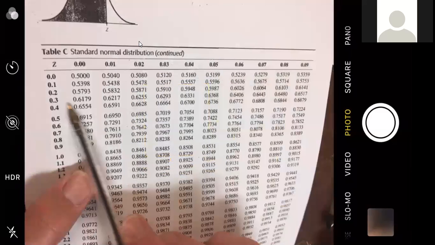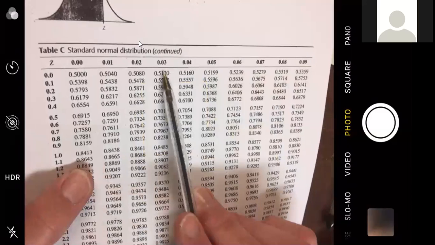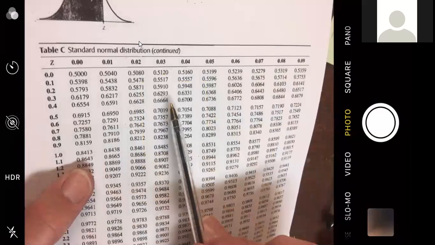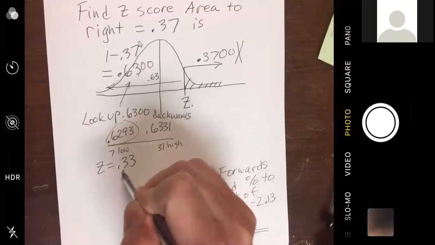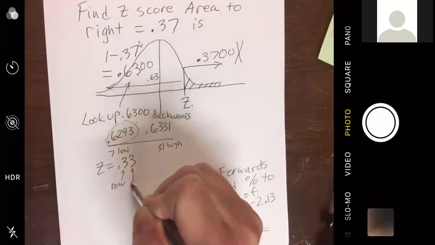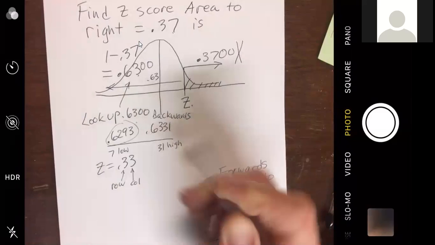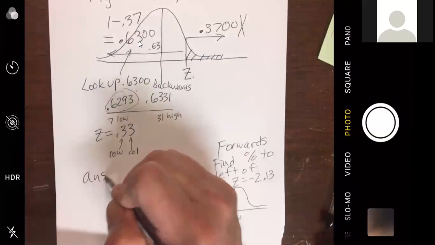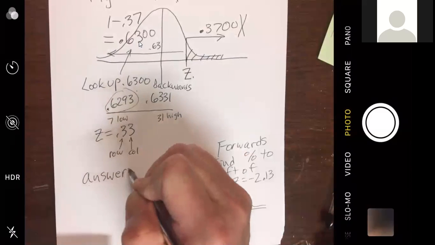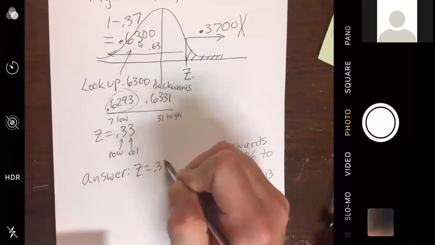I'm on row 0.3, 0.03 column. That gives me a z of 0.33. That's your row, that's your column, and that's my answer: 0.33 standard deviations.